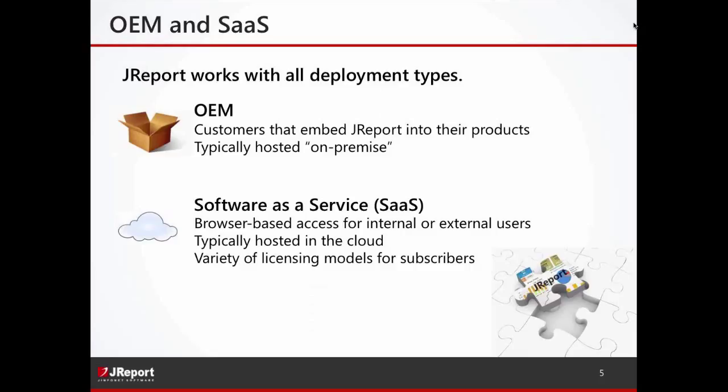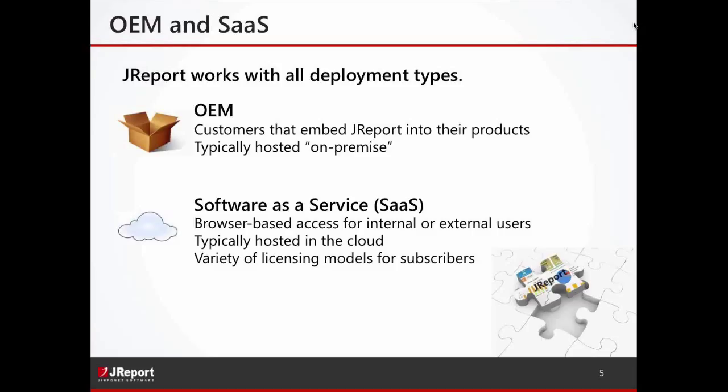And there's two main ways we deploy JReport across our customer base. The first one is through OEMs. So in this case, OEM customers would embed JReport into their products, whether they be licensed products or even service products, and resell those to their customers, whether they're licensed or subscribed. And typically, if they're licensed, they would be hosted on premises in their customer's environment.